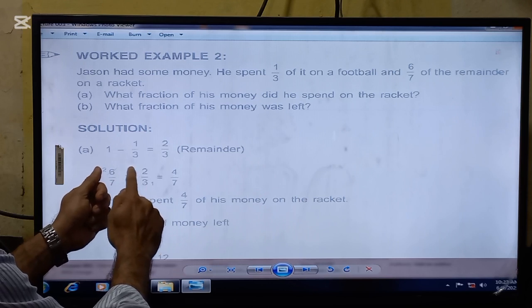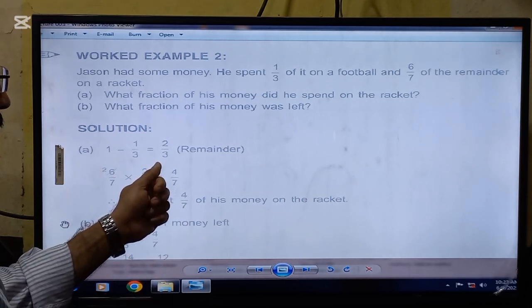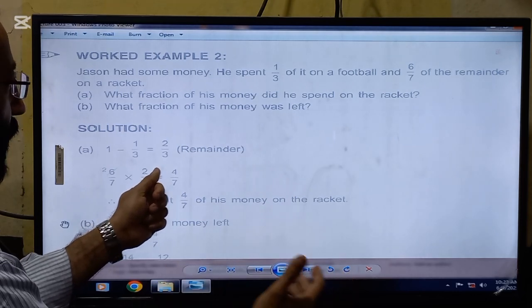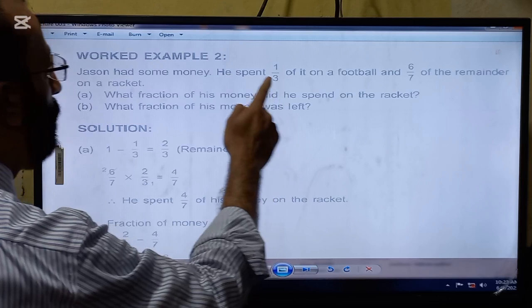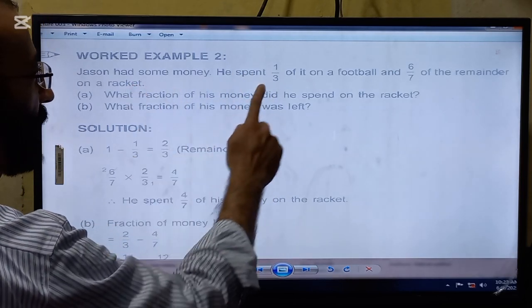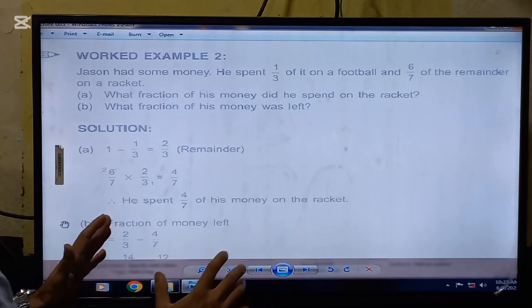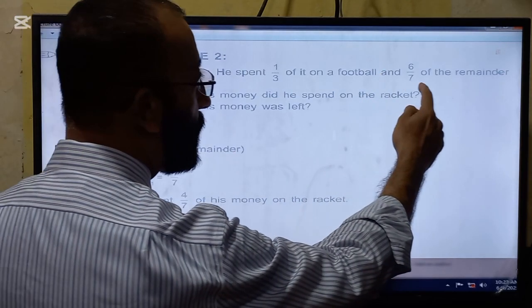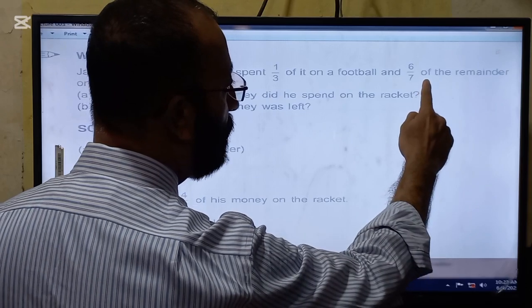We are going to solve it. 1 minus 1 by 3, the answer will be 2 by 3. So this is the money that is the remainder, because you have subtracted the money of the football from the total money. Okay, now the next part of the statement, and 6 by 7 of the remainder. "Of" stands for multiply.